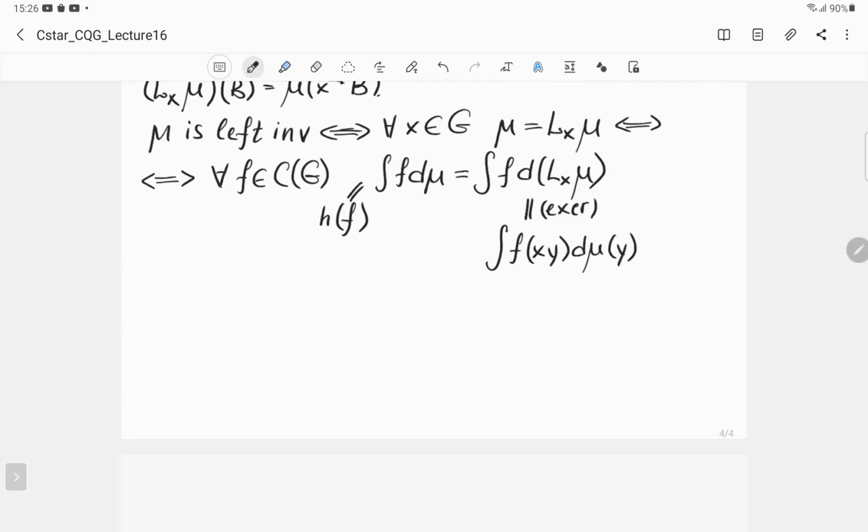So what is this expression? It is nothing but the slice map 1 tensor f applied to delta f. Not f, sorry, 1 tensor h, of course. h is our functional: 1 tensor h applied to delta f.